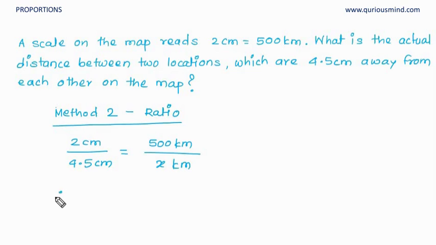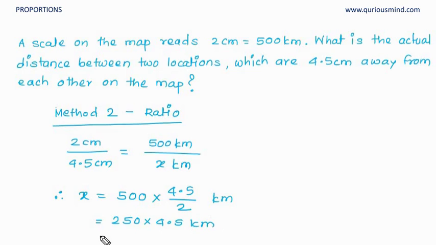And therefore, if we solve this, we take that side. So x is equal to 500 stays here, multiplied by this. When it comes to this side, it becomes a reciprocal. These many kilometers. And what we get is 250 into 4.5 kilometers.